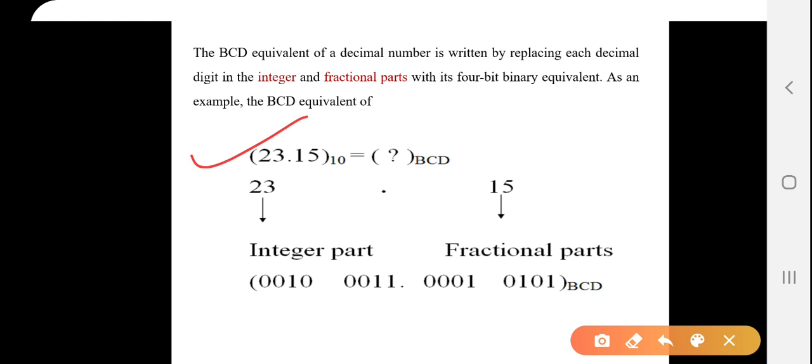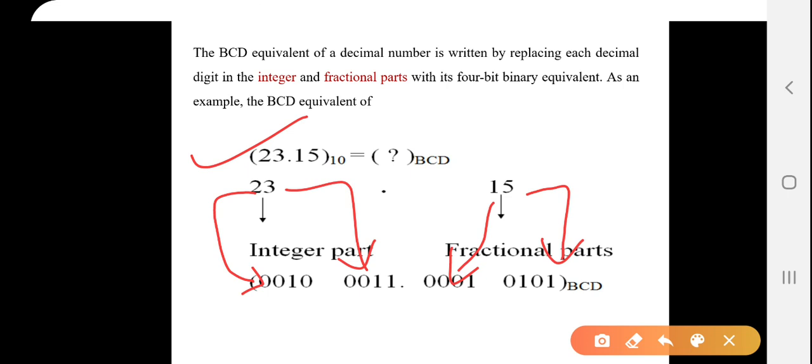So what we basically need to do is replace each decimal digit by the corresponding 4-bit BCD number. Corresponding to 2 we have 0010, corresponding to 3 we have 0011, corresponding to 1 we have 0001, and corresponding to 5 we have 0101. So this is the process by which we can directly convert a given decimal number into BCD.